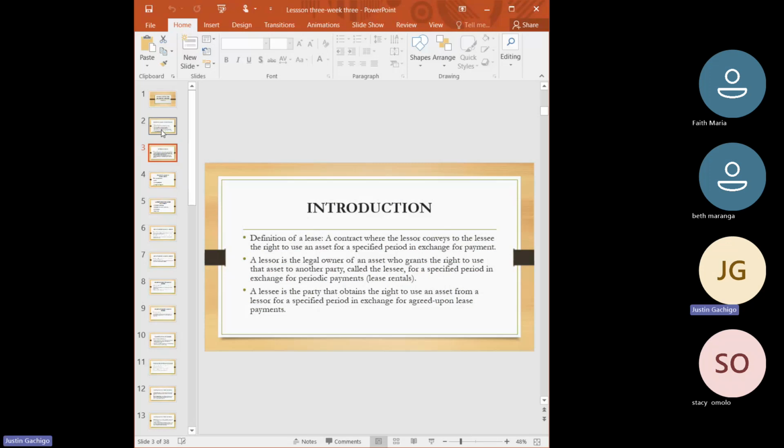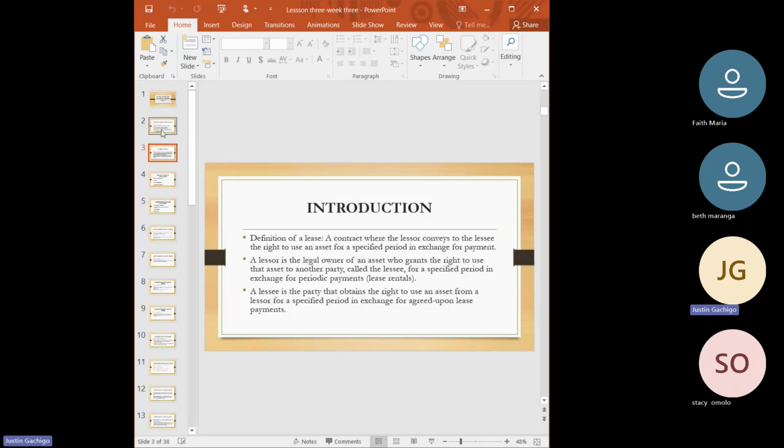Now, in terms of definition, we normally say a lease is a contract where the lessor conveys to the lessee the right to use an asset for a specified period in exchange for payment.